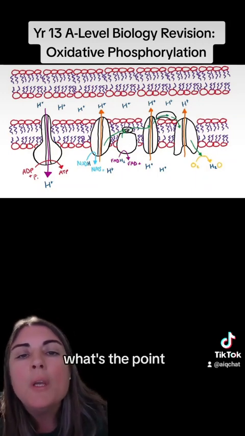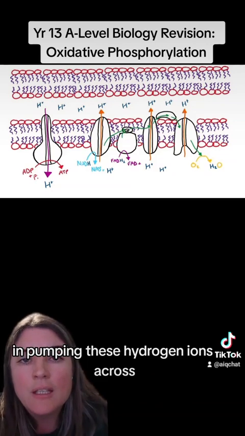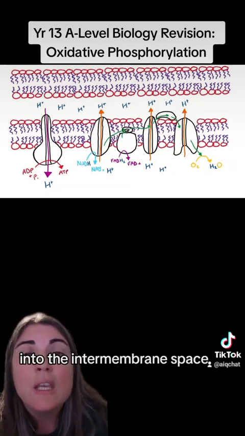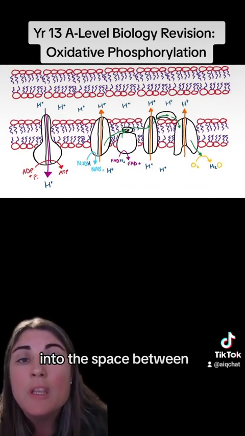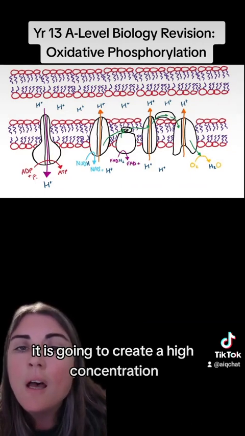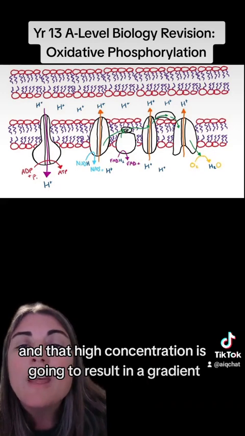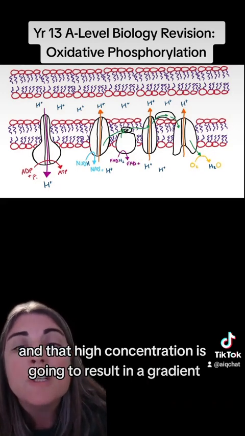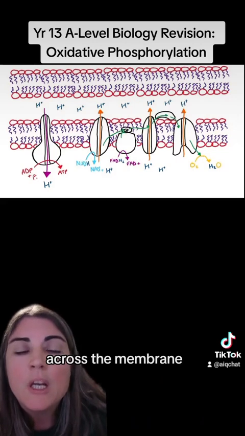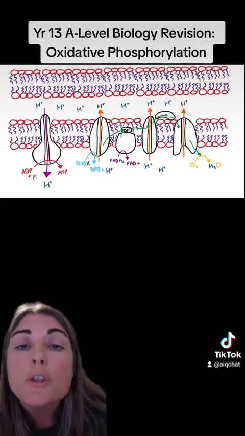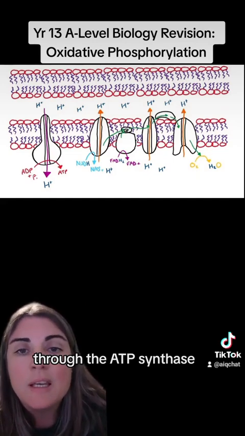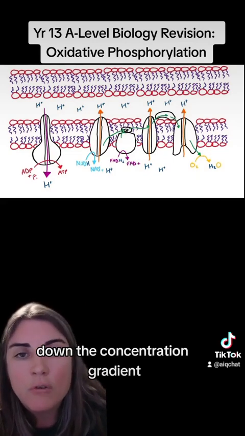So what's the point in pumping these hydrogen ions across into the intermembrane space, into the space between the cristae? It is going to create a high concentration, and that high concentration is going to result in a gradient across the membrane. So the hydrogen ions are going to diffuse down through the ATP synthase, down their concentration gradient.